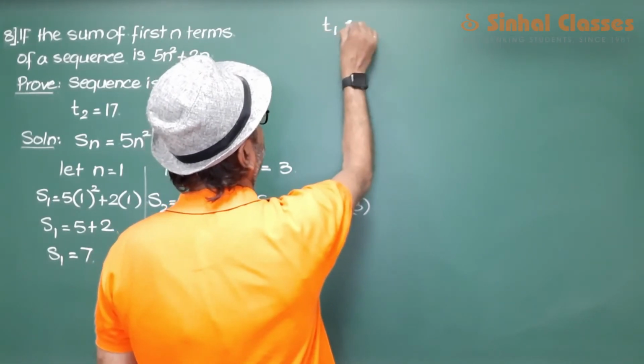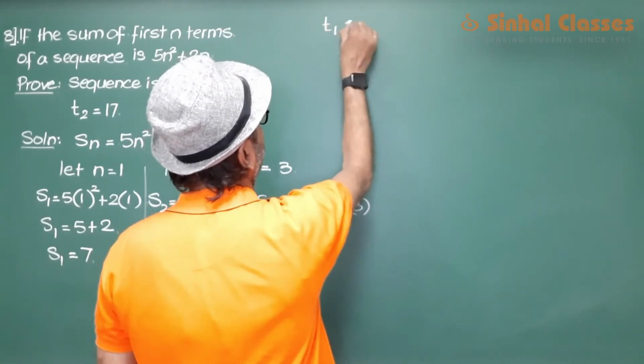Now what we can do here is, we don't know the value of n. So let us try to find out Sn by using its formula. Sn is equal to n upon 2 into 2a plus n minus 1 into d.